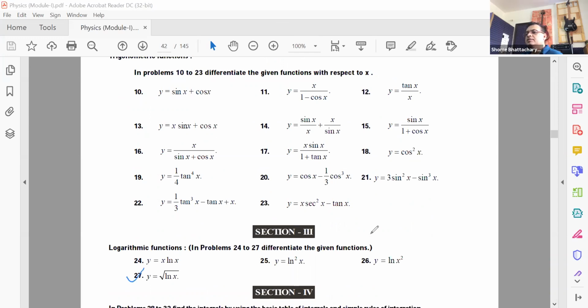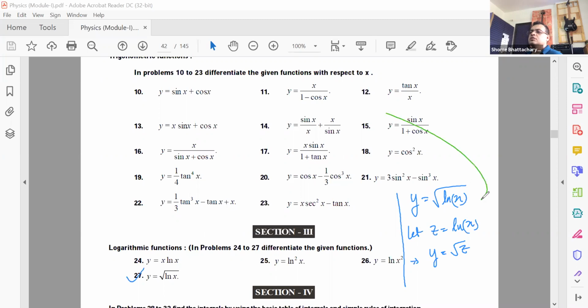So question 27 is again, we'll treat it like a composite function. y is the square root of ln x. So take your dummy variable as the term inside the square root. So that's z equals ln x. So y becomes square root z. Okay. So the next step for us after this now becomes the chain rule step.